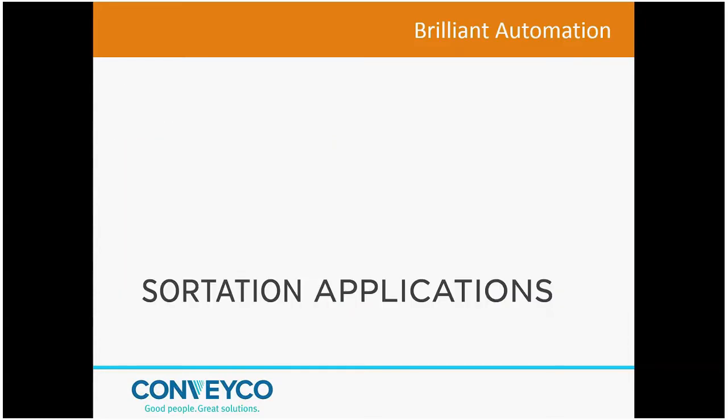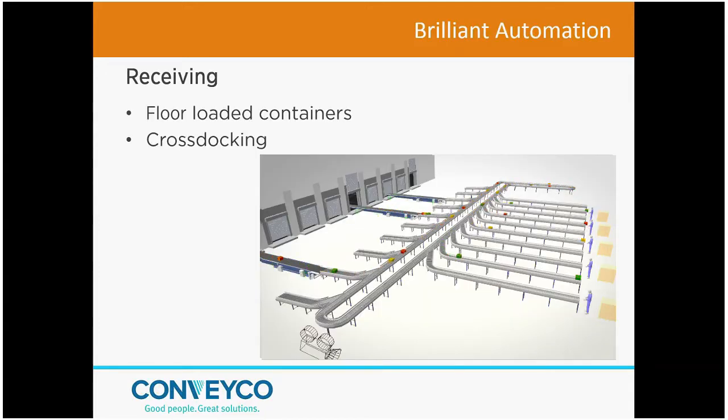Now we'll talk about different sortation applications. So the first area is receiving. Receiving systems are best used on product that is received floor loaded on trailers. As you'll see in this video, what it allows you to do is with 2 touches to a carton, unload it from the truck while in the truck, convey it out, and then sort it out by any way that you would prefer.